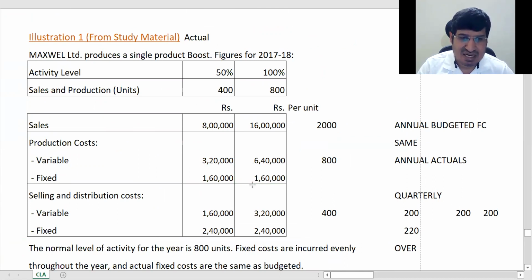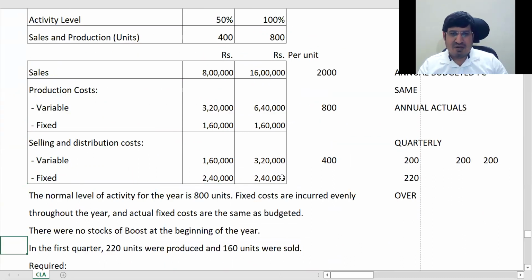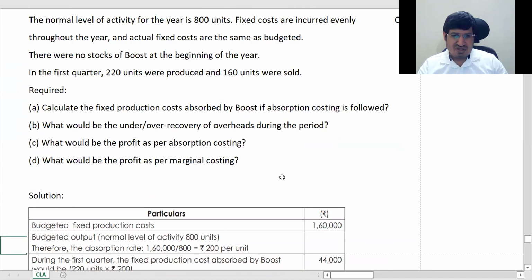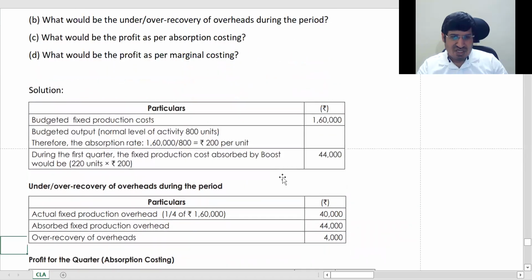This we are taking as the starting point to calculate the overhead absorption rate, ठीक है। Normal level is 800, ठीक है। So we'll just do 1,60,000 upon 800, we'll get the overhead absorption rate, ठीक है, that is 200 per unit.